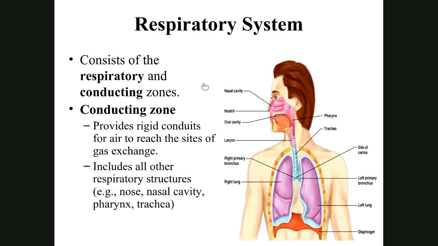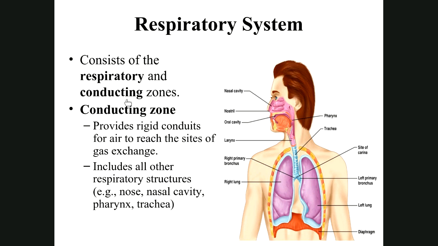Next, I told you about the zones of the respiratory system. This respiratory system is divided basically into two parts. You might have heard of the upper respiratory tract and lower respiratory tract. That is the conducting part and the respiratory part. So it consists of two zones, the respiratory zone and the conducting zone.